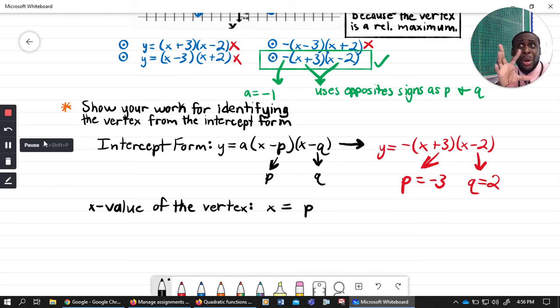You guys know how to find the average if you've got two numbers, right? You add the numbers together, take the sum and divide it by how many numbers there are. So we do P plus Q and divide it by 2.